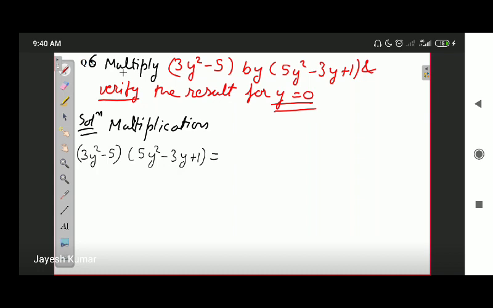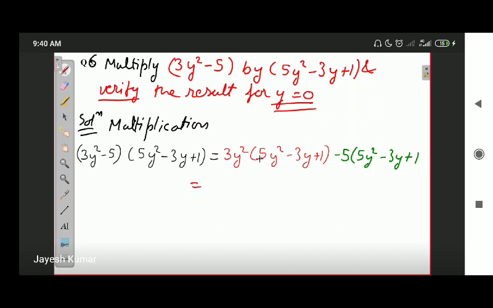Okay, we will do what we have been doing till now. First of all, we will multiply the second bracket with 3y square, 5y square minus 3y plus 1. And then we will multiply the second bracket with minus 5, 5y square minus 3y plus 1.